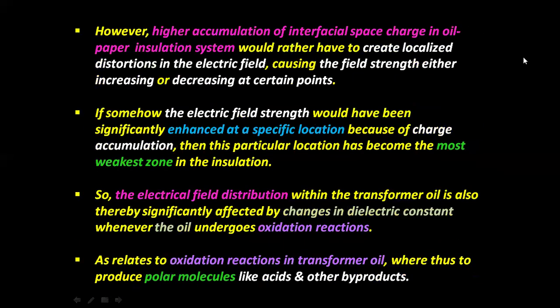However, higher accumulation of interfacial space charge in the oil-paper insulation system would create localized distortions in the electric field, causing the field strength to either increase or decrease at certain points.